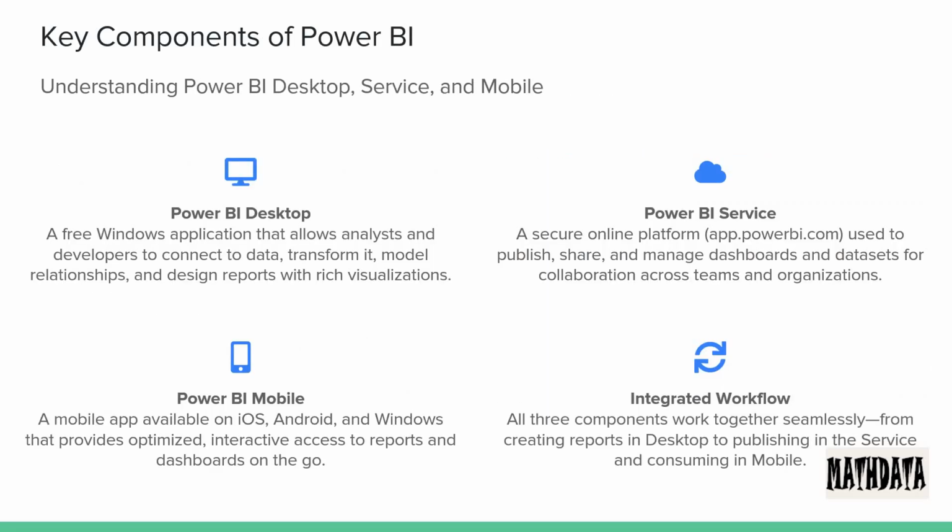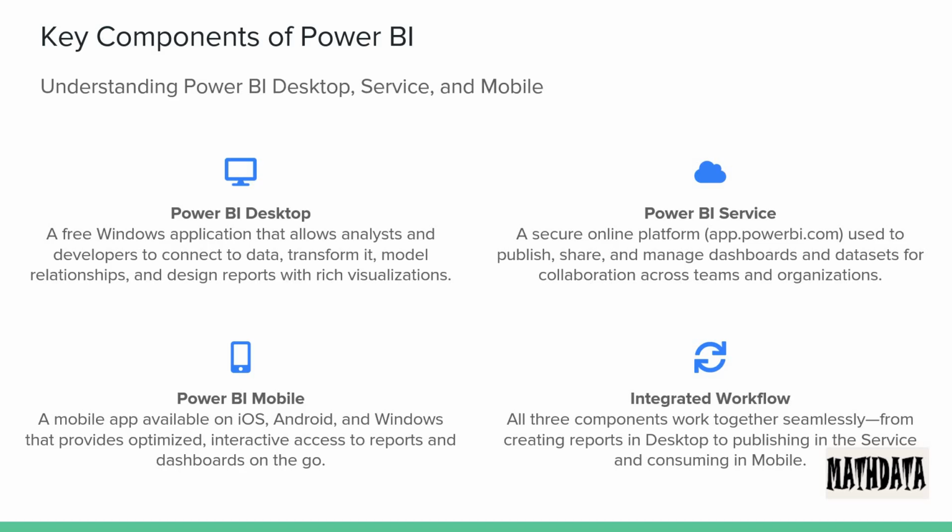Next, key components of Power BI. It is made up of three essential components: Desktop, Service, and Mobile, each designed for a specific stage in the analytics process. Power BI Desktop is where analysts spend most of their time developing and shaping data models and visual reports.